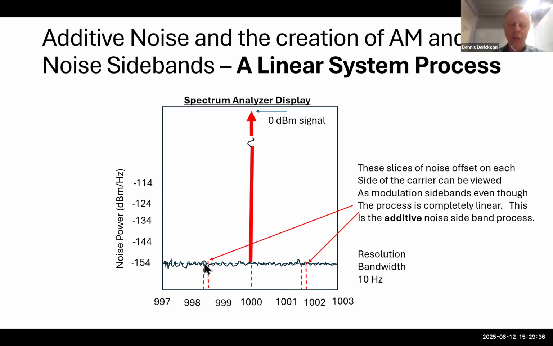And even though it's noise, we're going to pretend it's actual real modulation signal, which is not true, but we're going to just say that these two sidebands, each 1 hertz width in these dashed lines, is going to be additive noise, which is going to look like both AM and FM modulation on the carrier. Well, this is additive, it's a linear system, but we're going to pretend that it does a modulation function.